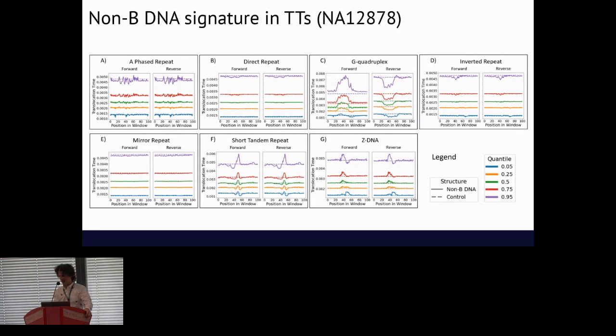Now, you should take this with a grain of salt, because here we could be including outliers. It just could be methylation that's coming into these quantiles. And that's why, especially with A-phased repeats and Z-DNA, where it's not preserved across the quantiles, we think a lot of that is noise. There might be structure there, but a lot of it's probably noise.